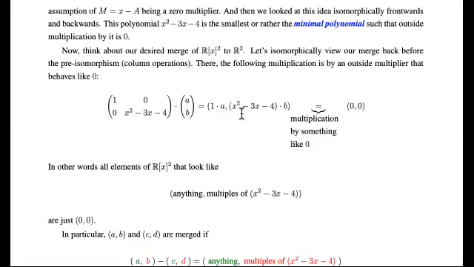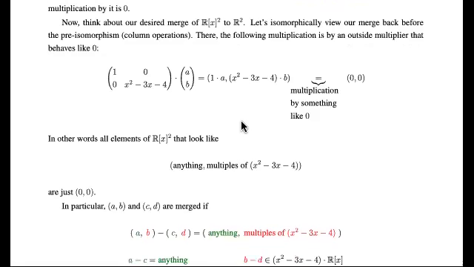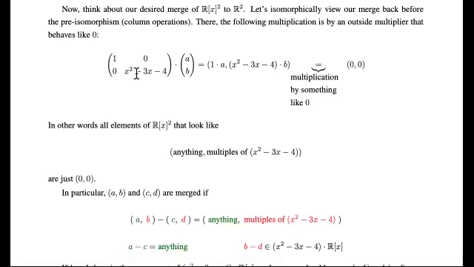So let's see. We have this right here. So this is in our pulled back domain, I guess. So we have this, and we know this is a zero multiplier times that. And we know that's going to be equal to zero.